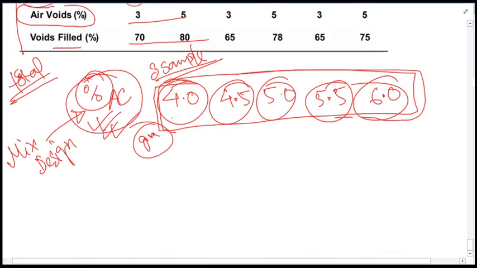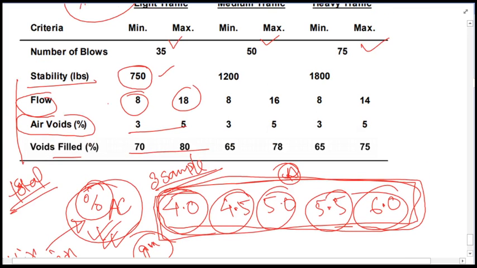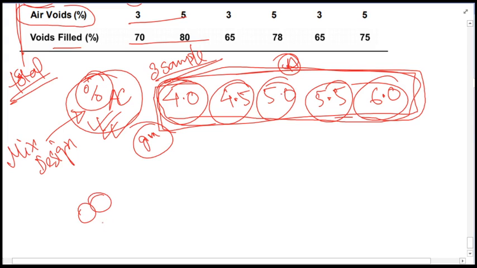If you see that for this fixed range of asphalt content, no asphalt content satisfies all the criteria for all other features, then you will say that this particular gradation of aggregate, the gradation used, will have to be changed.